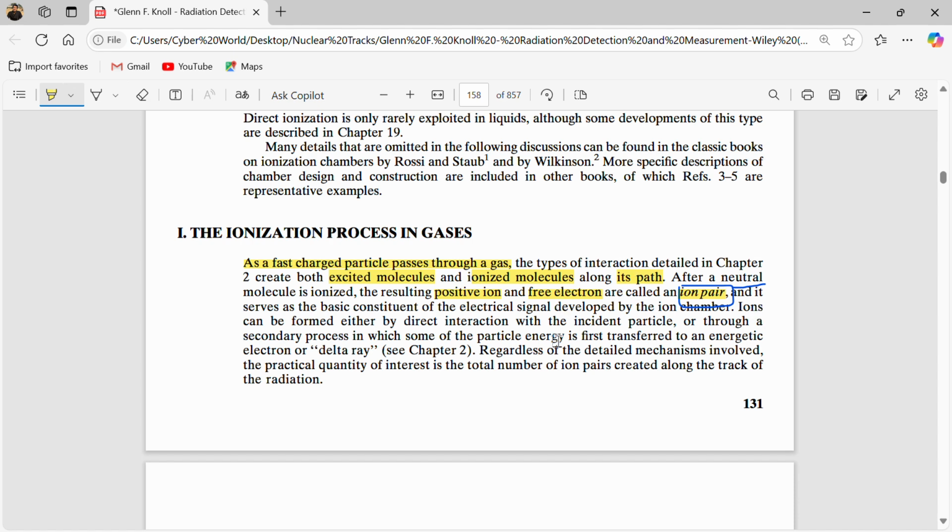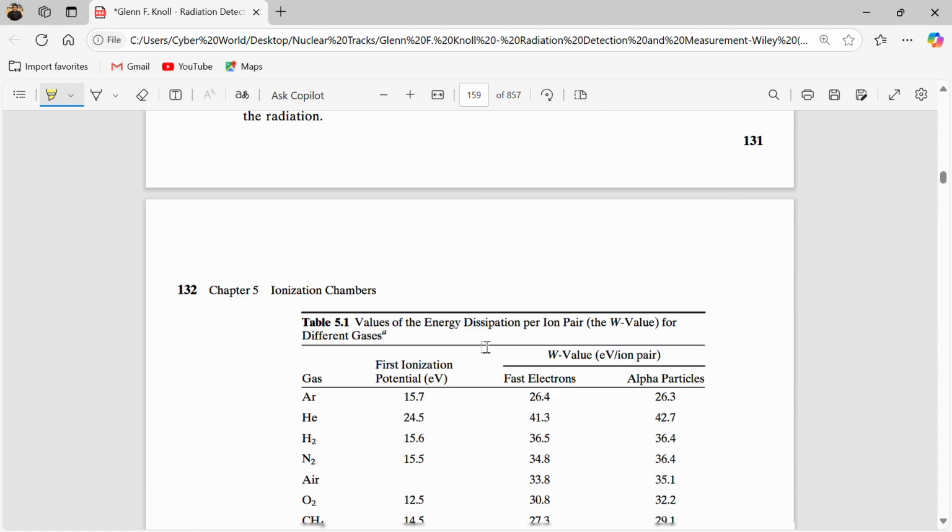So there are two chances of interaction: direct interaction and secondary interaction. Regardless of the detailed mechanism involved, the total number of ion pairs is created along the track of the radiation. This is how ion pairs are produced after a charged particle interacts with the gas.